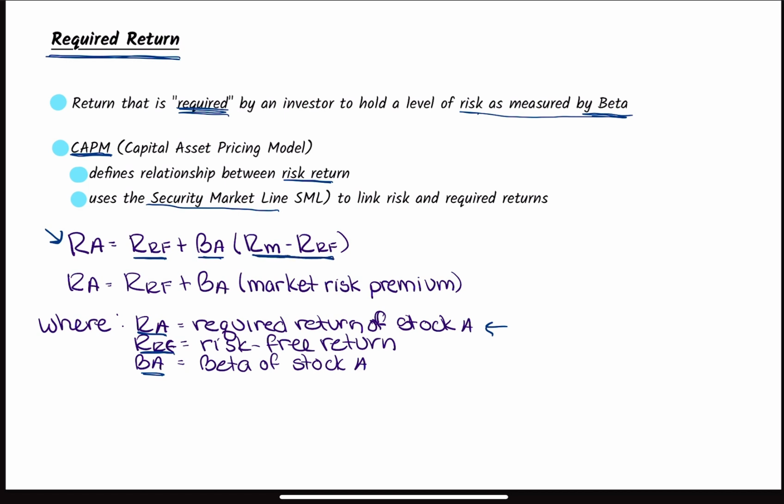And the market risk premium is usually given to you, but it's the market return minus the risk-free return. So the market risk premium, the beta, and your risk-free return will give you the required return for the stock in order for an investor to hold it.